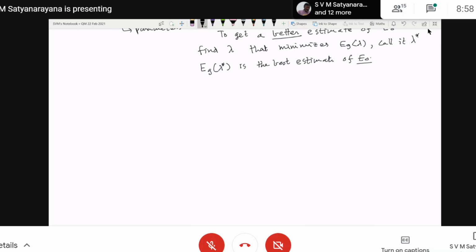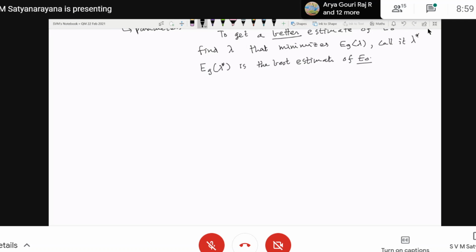There you take your trial wave function as if these electrons are not interacting with each other, but you fix the parameter as Z effective instead of Z, and then find this effective Z by minimizing the ground state energy, or the expectation value of the Hamiltonian. Okay, sir.